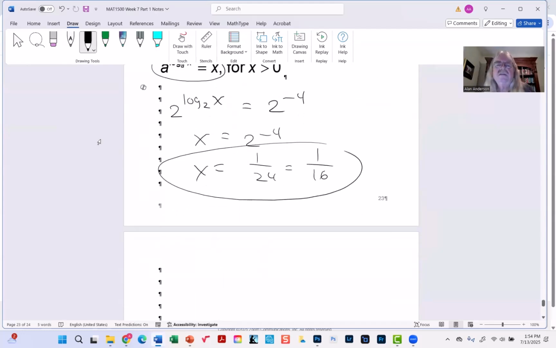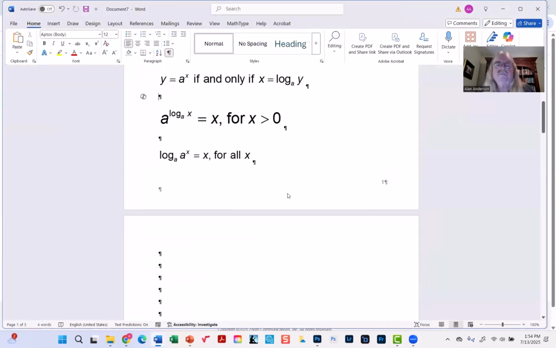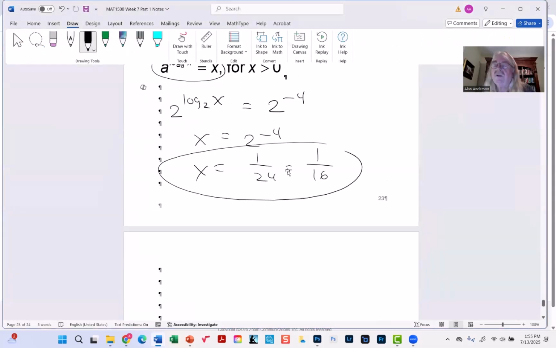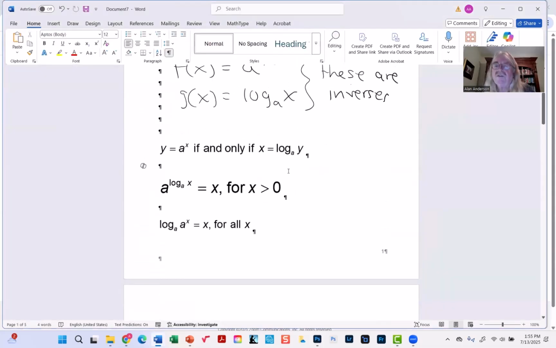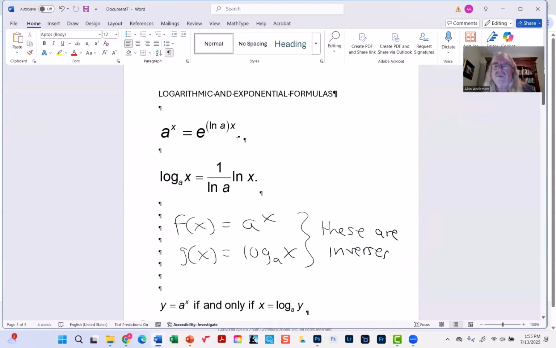Okay. That's how that's done. So, like I said, these are going to be hugely important, these three, especially these last two. Not that these aren't important, they certainly are.